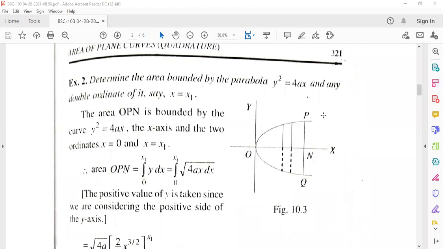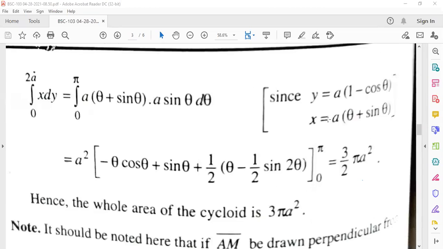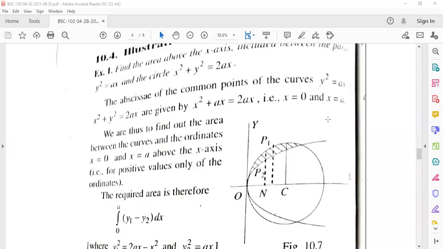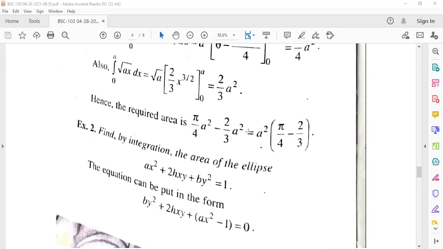This one is not understood by you? Down, sir, down. This one.